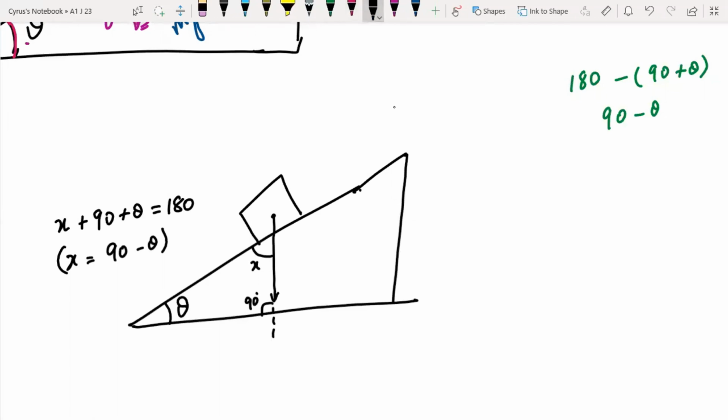Okay, now if you look closely, this was the component of weight.